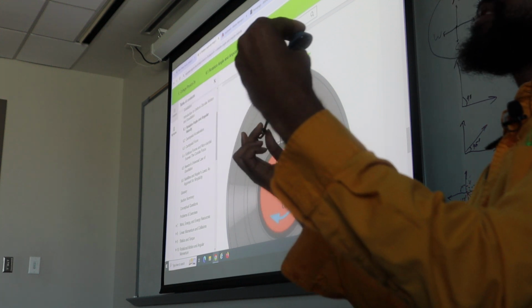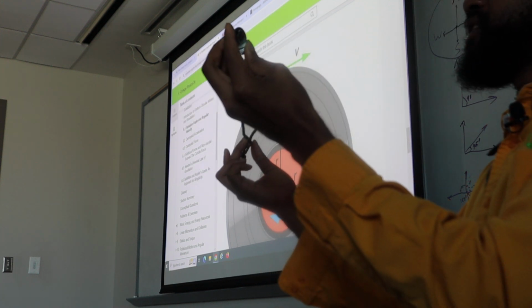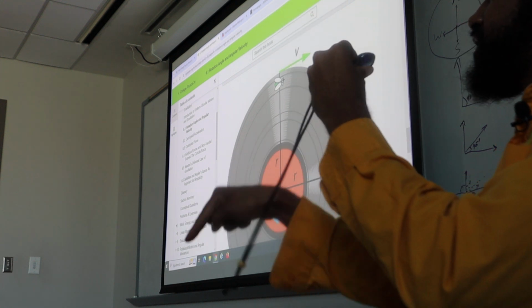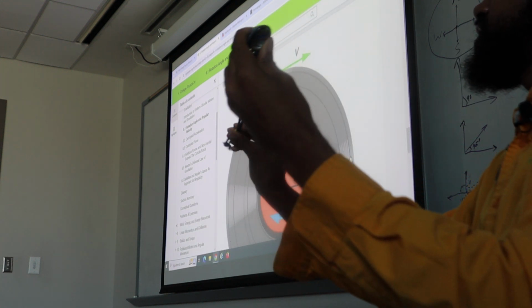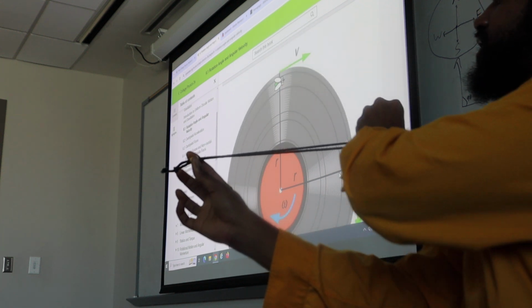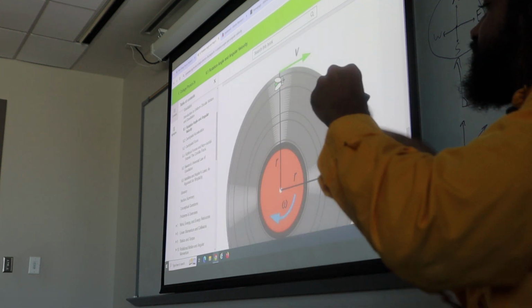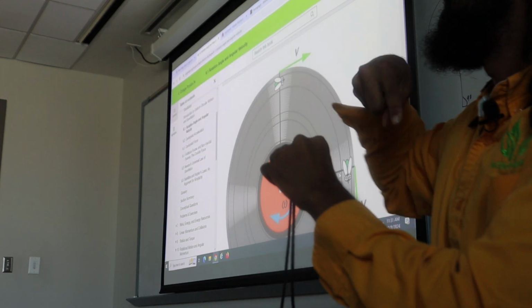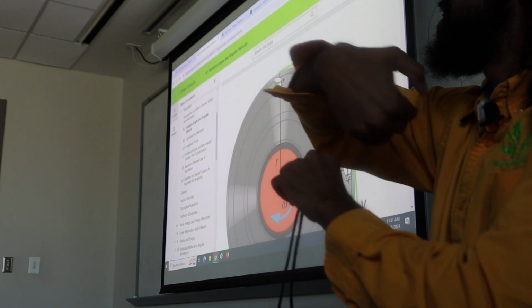So centripetal acceleration wants to keep it attached to the motion. It keeps it going toward the center. So if I'm going toward the center, then I'm constantly gonna be angling my curvature going toward the center.